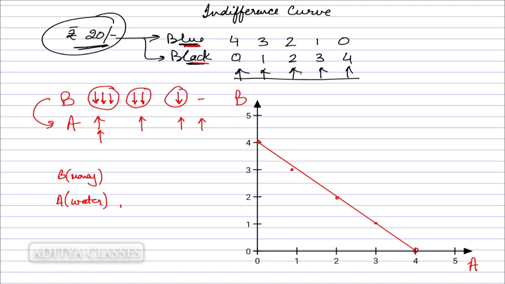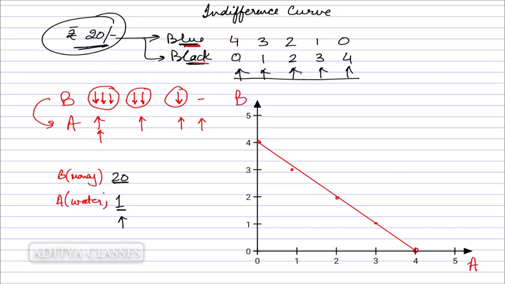So for the first glass of water, when you are very thirsty, when you are dying of thirst, you are ready to pay me 20 rupees. So you have parted with 20 of your rupees for only one glass of water.